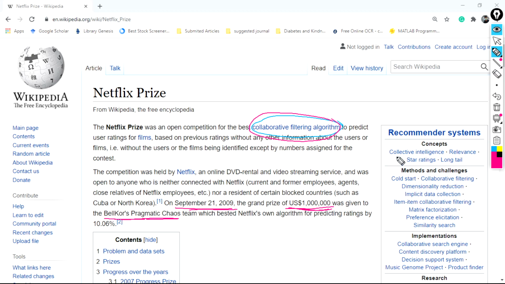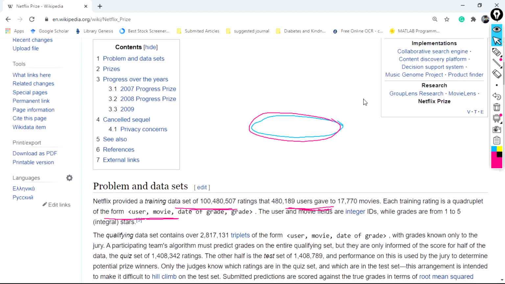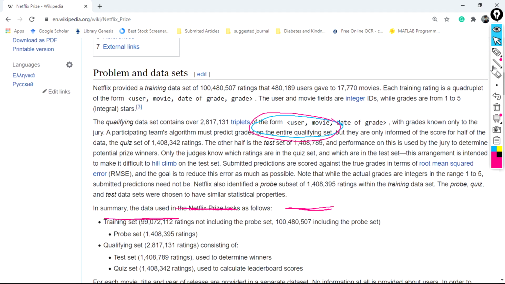Now let's first see the data sets. What kind of data sets did Netflix give to solve this? The data set looks like this. In the data, there are 4 columns: the first one is for users, the second one is which movie, then the date of grade, and what grade they have given.